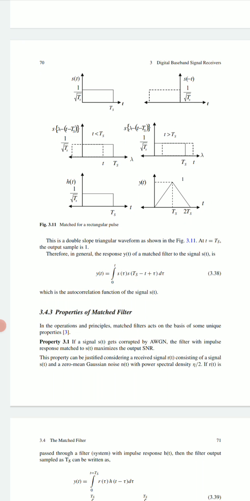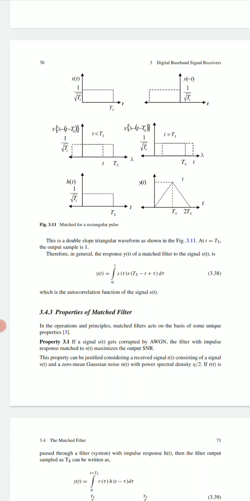So we get a double slope triangular waveform as shown in the waveform. At t equal to Ts, the output sample is 1. You can see when we take t equal to Ts, the output is exactly 1. So we can say the output sample will be 1.